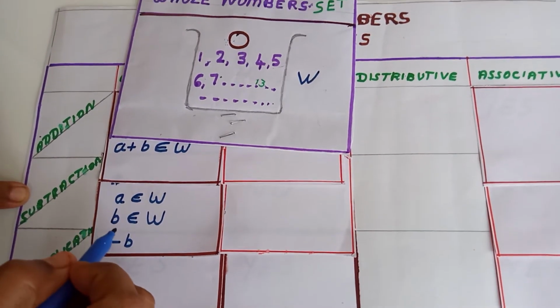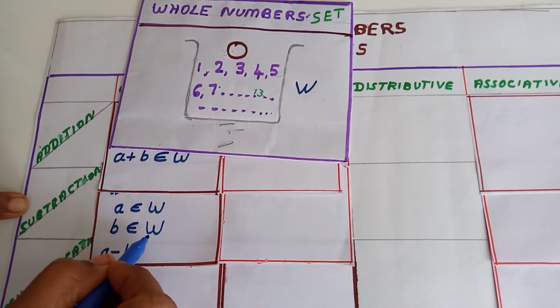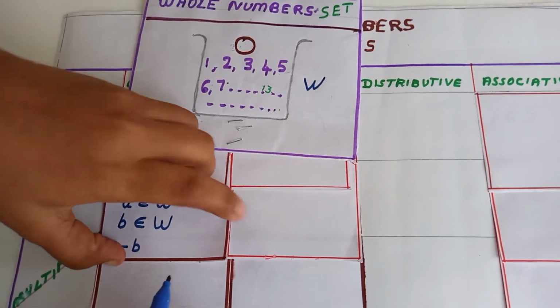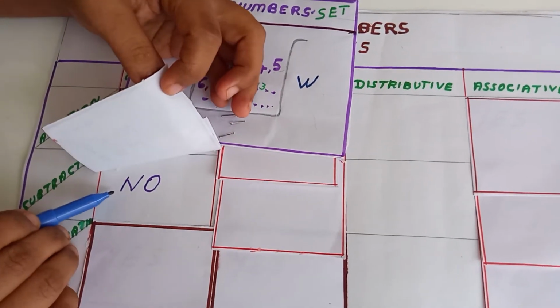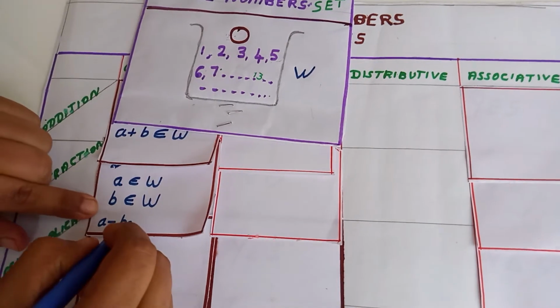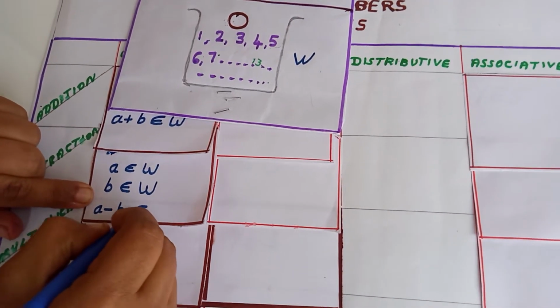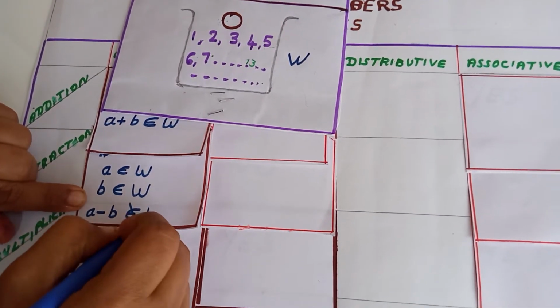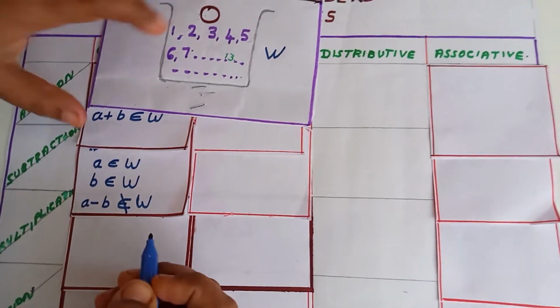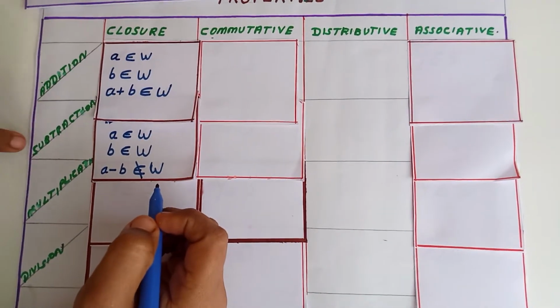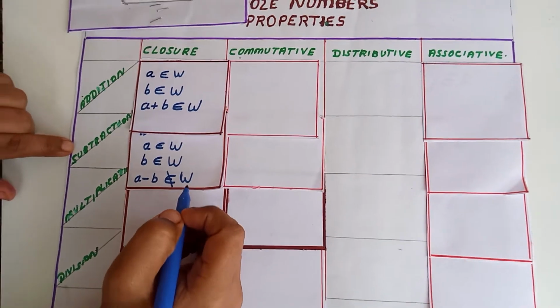Will the answer always be in the whole number set? No, because we wrote here as no. That means A minus B does not belong to W. That's why it is not satisfying the closure property under subtraction.